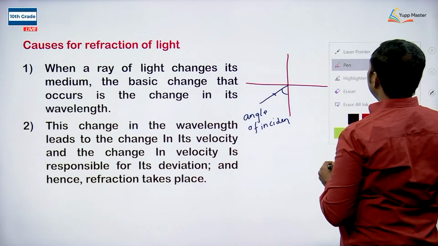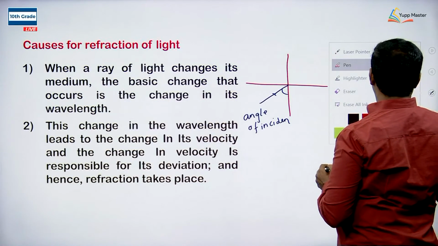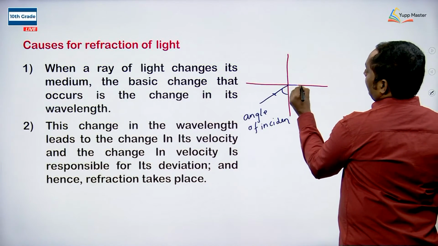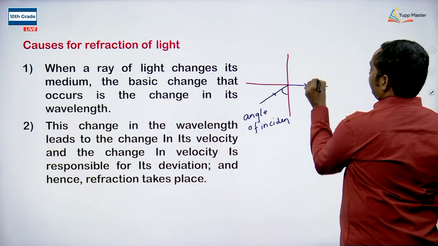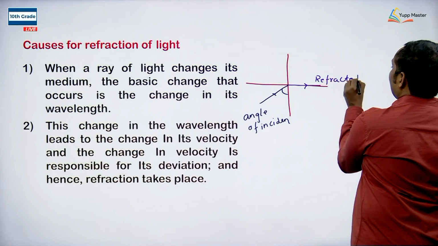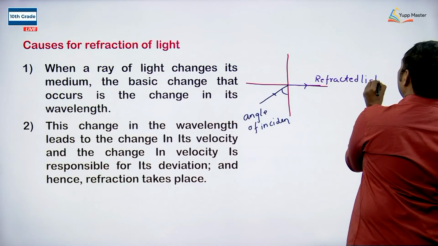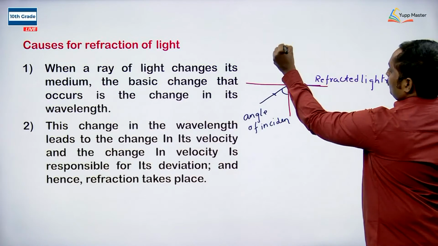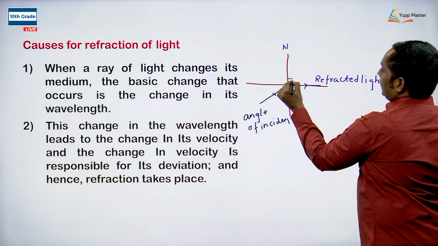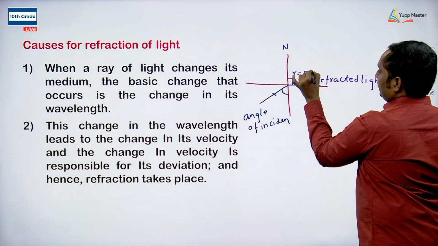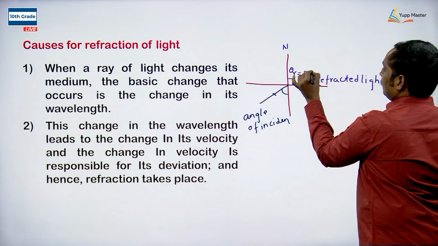So, if you got the refracted light ray, with respect to the normal, the angle of refraction theta R is equal to 90 degrees.